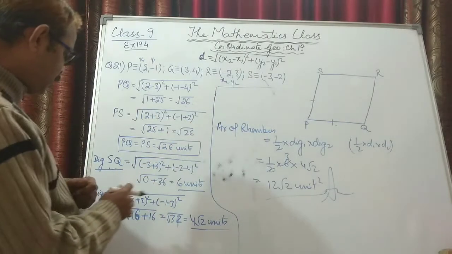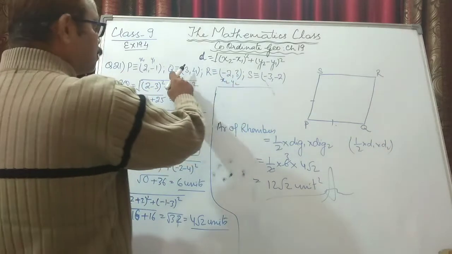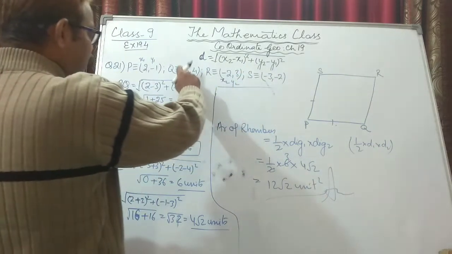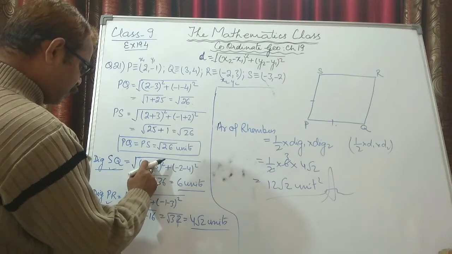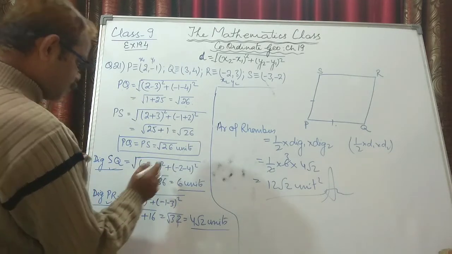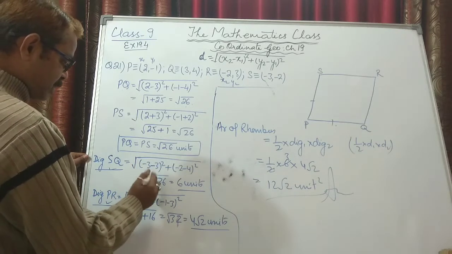There is a small calculation error in finding SQ. Now SQ, minus 3 and minus 3. So here it should come minus. By mistake I wrote plus. So minus 3 and minus 3 means minus 6. Minus 6 square is 36.